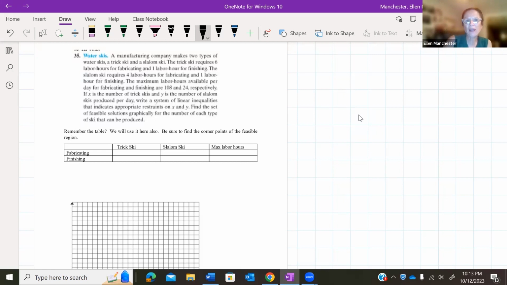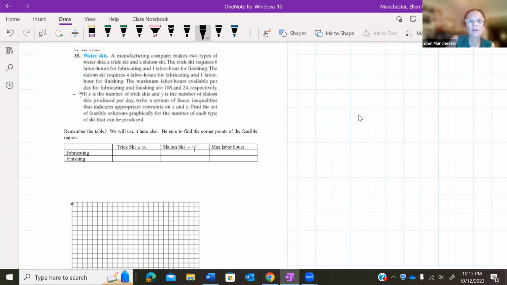So we have two types of skis, a trick ski and a slalom ski. And it says down here that x is the number of trick skis, so we're going to call this x. Y is the number of slalom skis, so we're going to call that y. Okay. We also know that we're looking at how much time it takes to fabricate or build the skis and to finish them, get them all smooth.